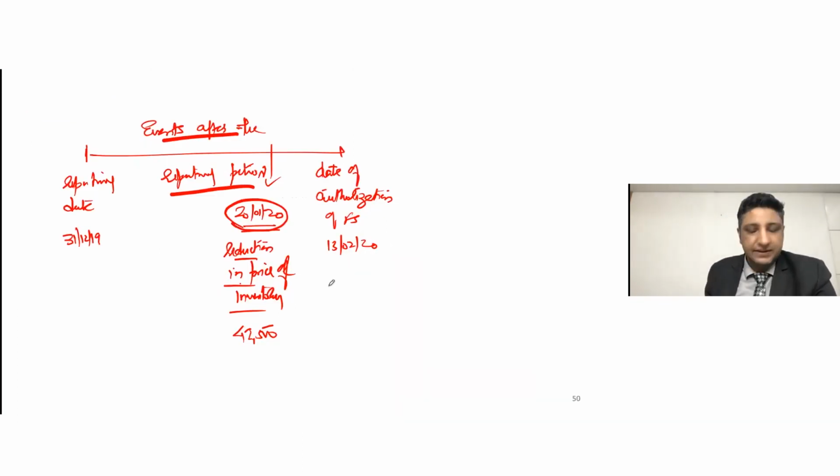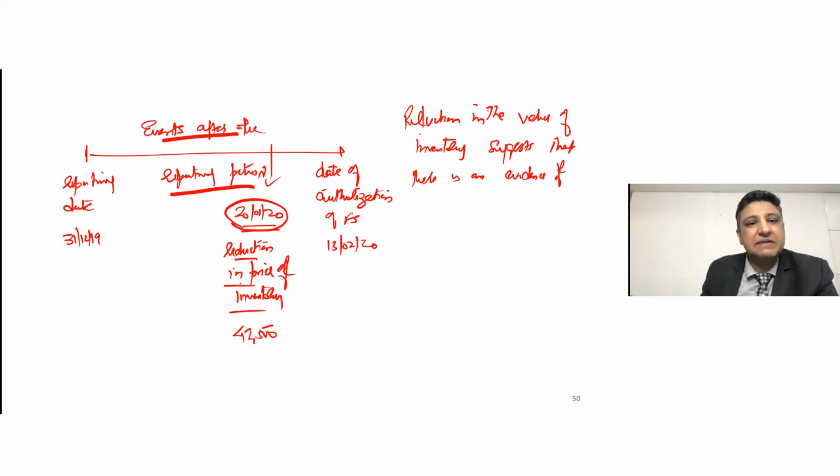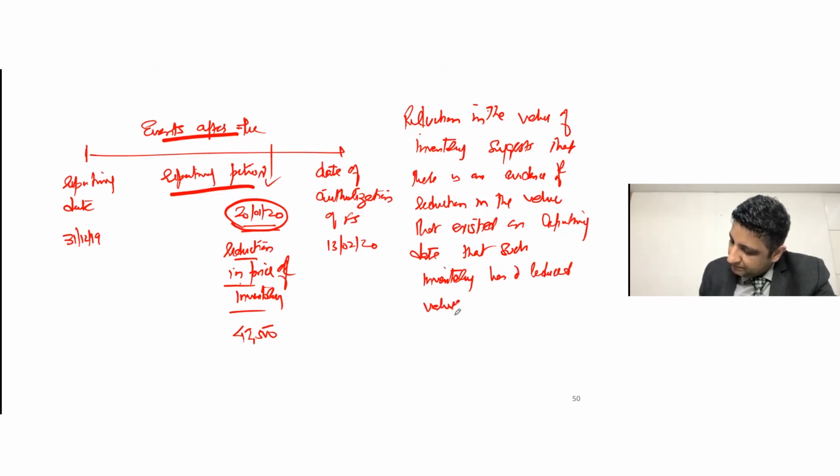Okay, now what we need to remember here is that under Ind AS 10, the event of the reduction in the value of inventory suggests that there is evidence of reduction in the value, okay, that existed on the reporting date, that such inventory has a reduced value.